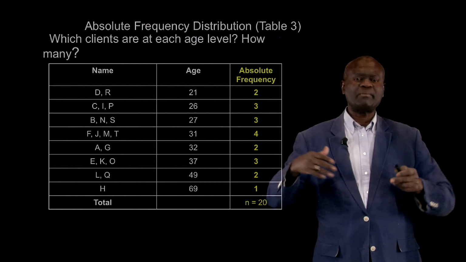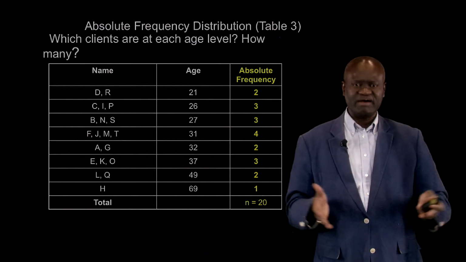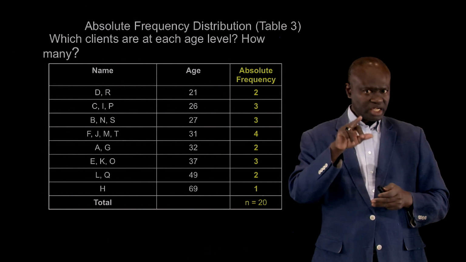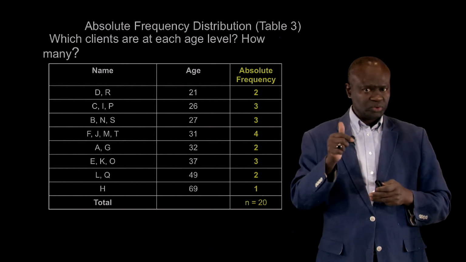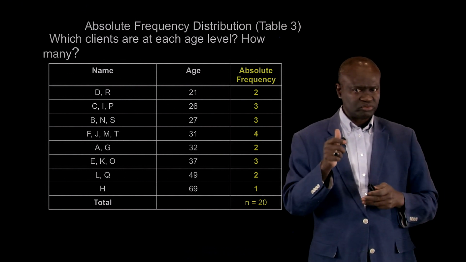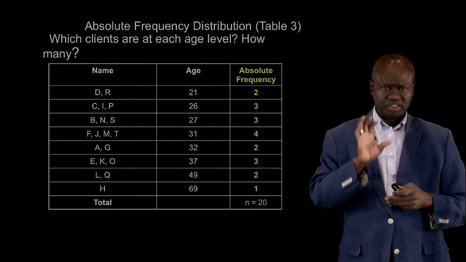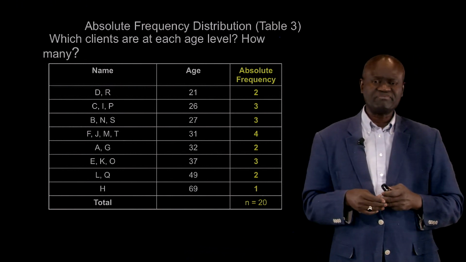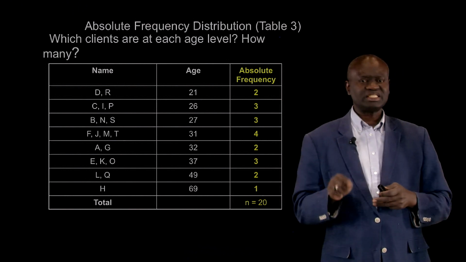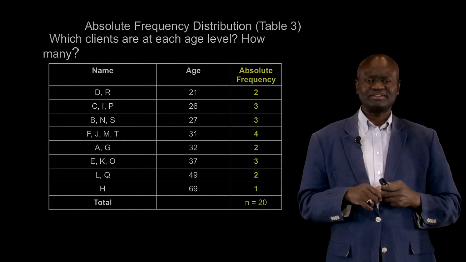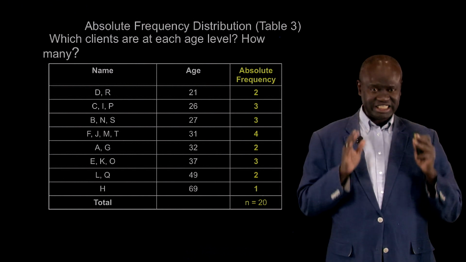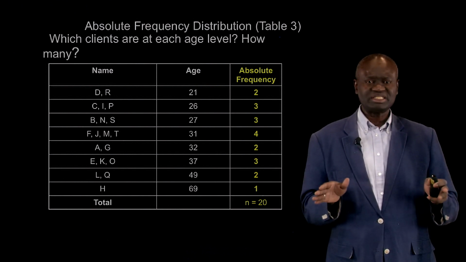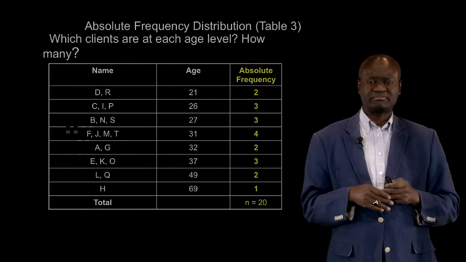N represents the sample, the people who I have. So if you add all those numbers, 2, 3, 3, 4, 2, 3, 2, and 1, it should be 20. If it is more than 20, you have made an error. If it is less than 20, you have made an error. So you have to have the right number. There, you cannot miss it. If you made a mistake, you know you made a mistake.